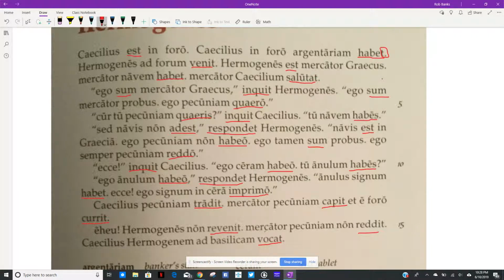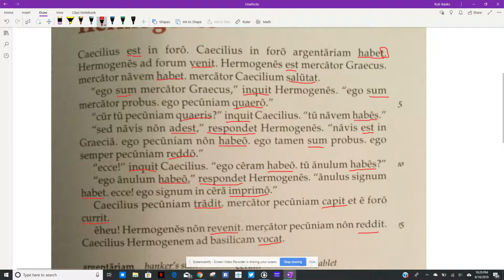Some exceptions to that, but usually it comes after. So Hermogenes is a merchant Greek, a Greek merchant, we'll say. Mercator navem habet. Mercator, the merchant, has navem, a ship. Recall navem is what declension? Third, of course, right? Third accusative with that em ending. Mercator Caecilium salutat. So the merchant greets Caecilius, right? The nominative greets does the verb to the accusative, in this case a second declension accusative singular.